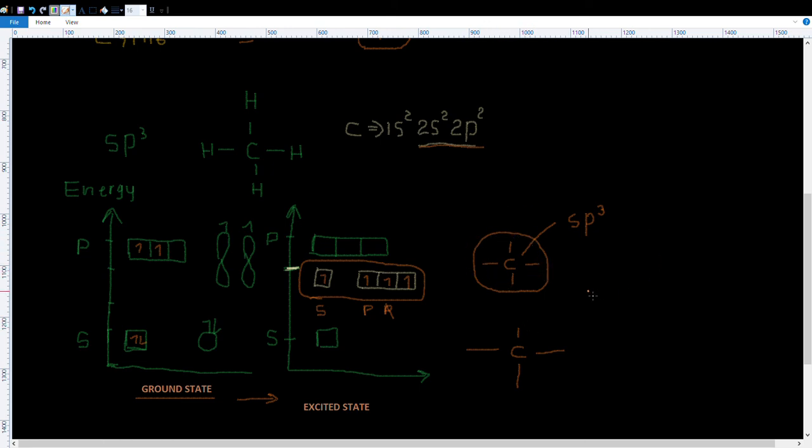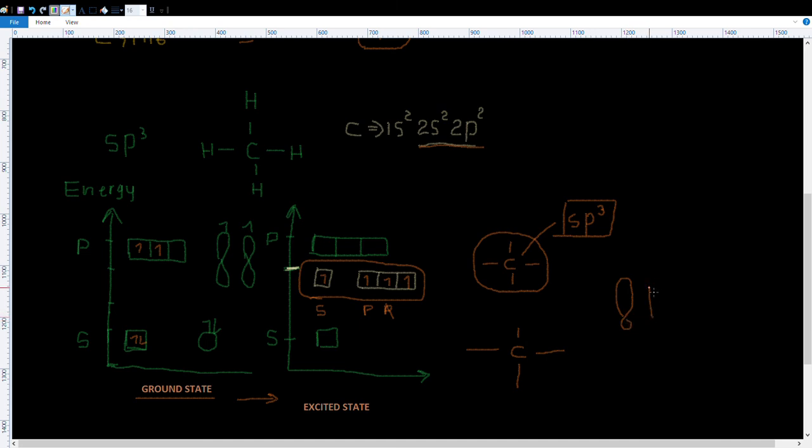The reason is hybridization. I'm not going to talk about everything about hybridization here, but this is important for us to understand what sp3 means, because alkanes consist of sp3 carbon atoms, so we should know what it really means. Here the orbitals are going to get mixed and form something like this.